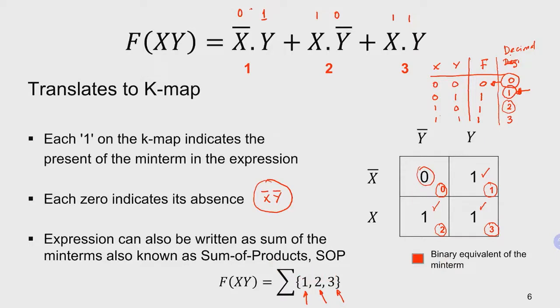So this is another way of expressing the same Boolean expression in terms of sum of products expressions. Here I put down in red the numbers, which are the binary equivalents of the minterms, or in other words, the index locations of the cells of the K-map.